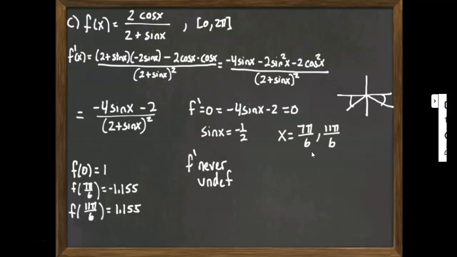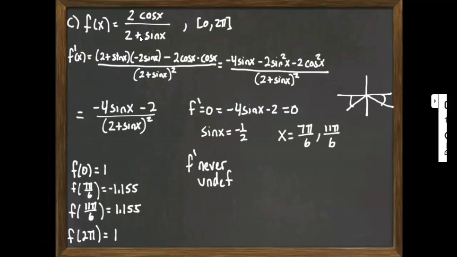And then finally, what is f of 2 pi? Well, cosine of 2 pi is a positive 1. Sine of 2 pi is 0 again. So we're going to have 2 over 2 plus 0, or 2 over 2. Turns out f of 2 pi is also 1.